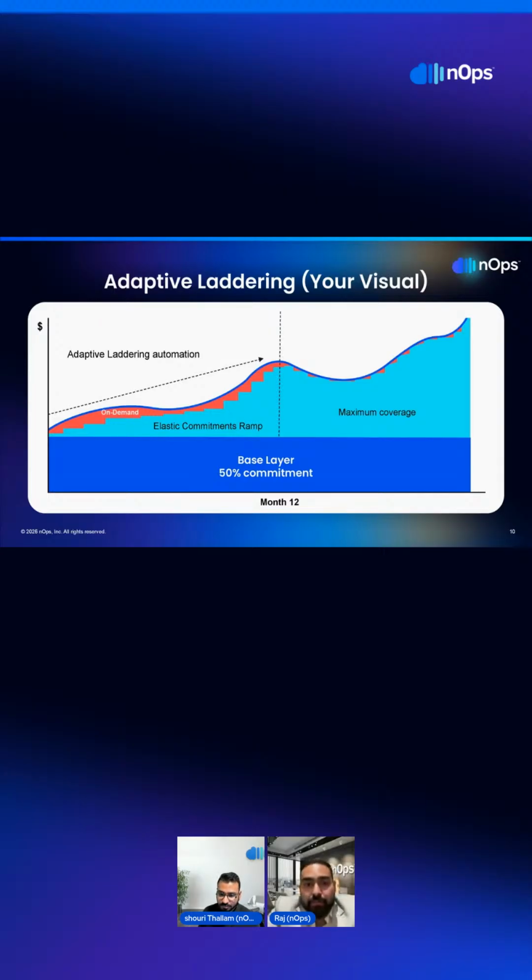Because I look at my usage, I can say, okay, this is my 100% confidence versus this is 80% confidence. That will tell me how much I want to ladder at one time. This creates decision checkpoints instead of one big financial cliff that can only be removed after a 1-year term, when it's done and dusted. Hope that makes a little bit of sense.